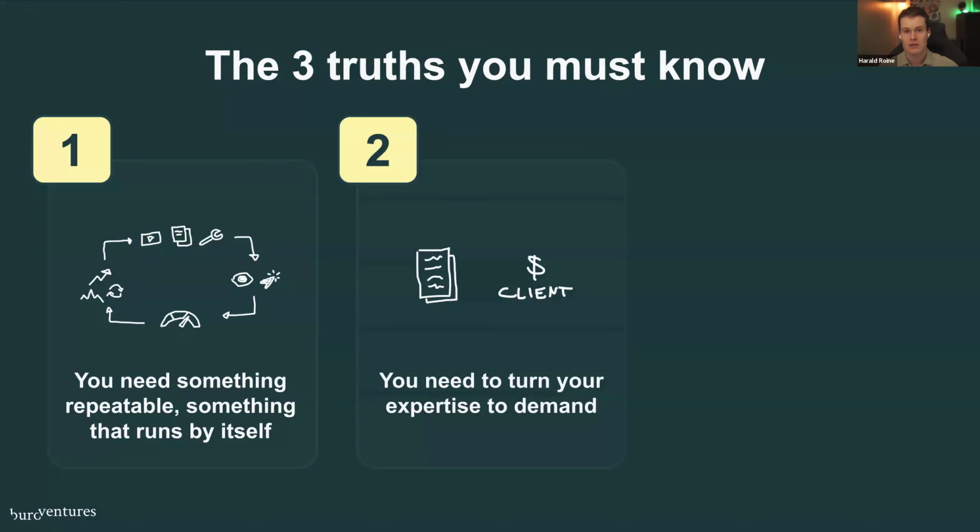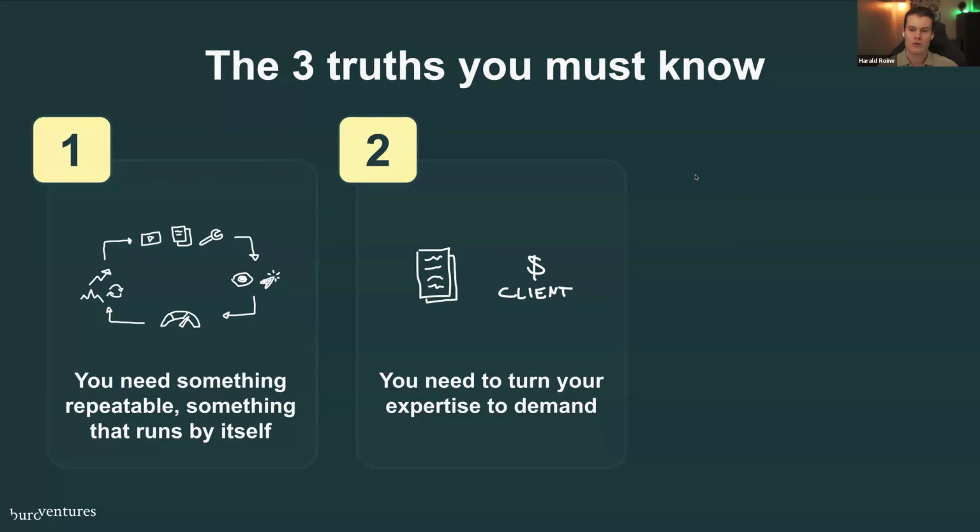The next thing, and the second truth that we're going to go more into, is you need to turn your expertise to demand. And Lindsay is going to go way more into that, because I'm having Lindsay with our team, the growth strategist in Bureau, with me today. And she's going to go way more into both truth number 1 and truth number 2 and how these things play out.